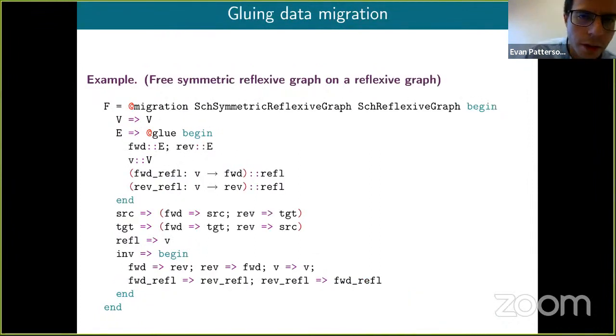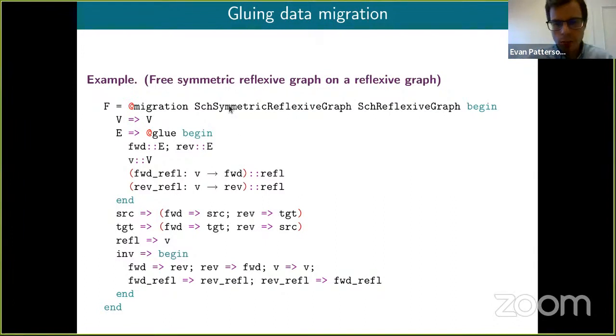And so here I want to illustrate why you might want to use one of these gluing data migrations. This example is a bit more advanced. I won't spend a lot of time on it, but the basic idea is that let's say you want to construct the free symmetric reflexive graph on a reflexive graph. In other words, I want to freely add edges in the opposite direction.